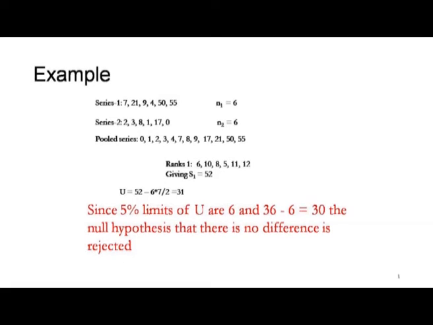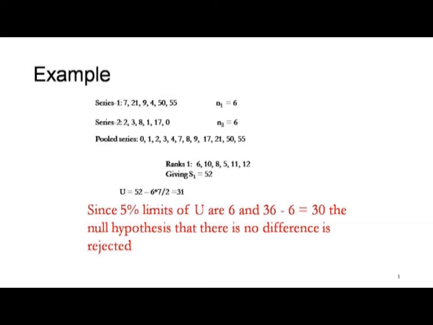But if the value of U lies beyond the range of 6 to 30, it will be rejected. Now, in our case, the value of U is 31, and therefore the null hypothesis that there is no difference between values in series 1 and values in series 2 stands rejected.